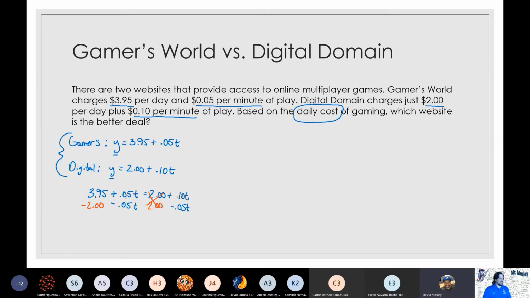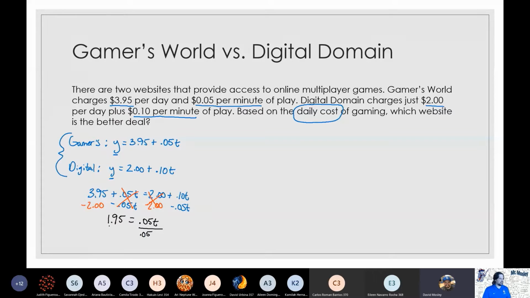So this will go away from this side, this will go away from this side. And I'll be left with 1.95 equals 0.05t.